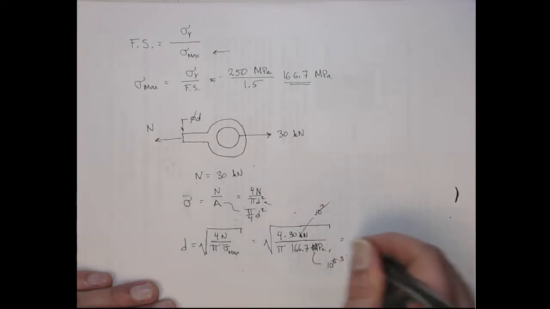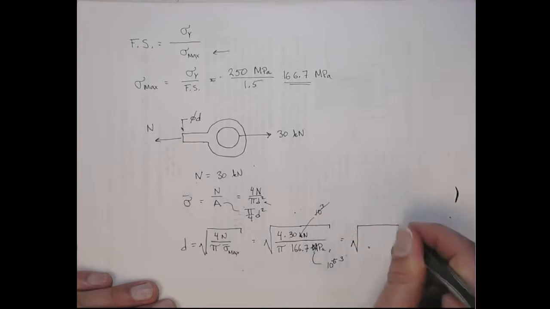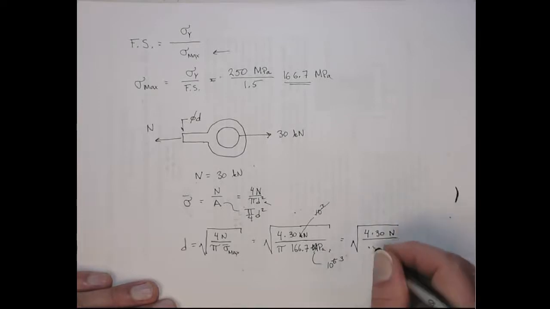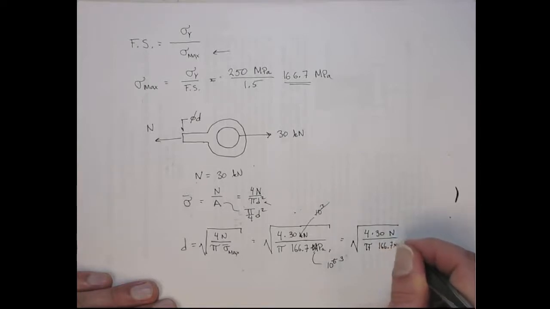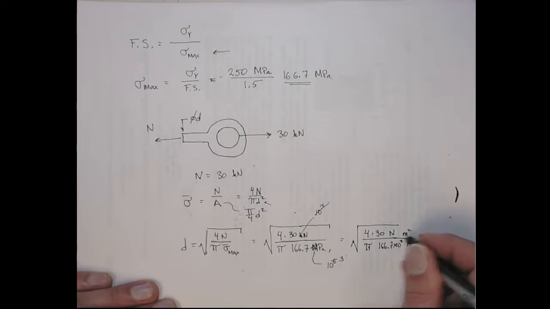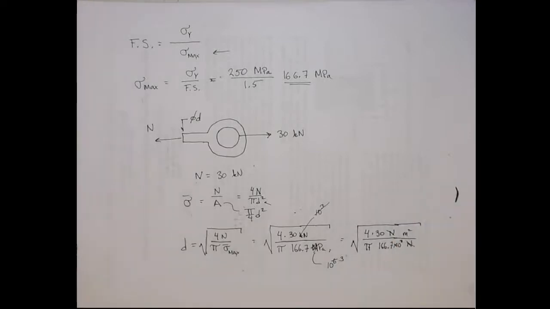So now I've got the square root of 4 times 30 newtons over pi times 166.7 times 10 to the third, and that's pascals, which is newtons per meter squared. These cancel out, and you'll get fundamental units of meters. We can change that to millimeters later on.